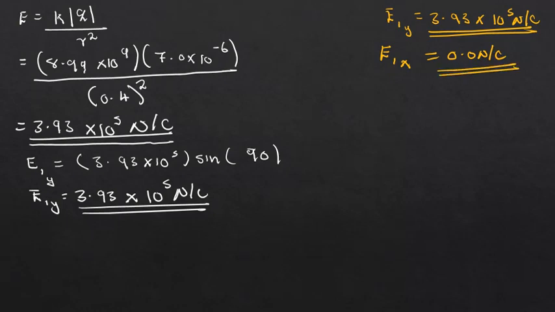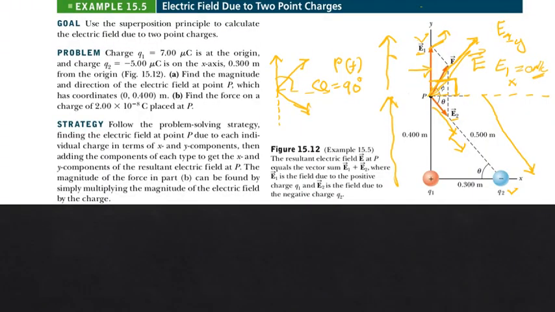Alright, let's do the same for Q2, because the question is saying we find the magnitude and direction of the electric field at point P. So point P is feeling electric fields from Q1 and Q2. We have calculated for Q1.